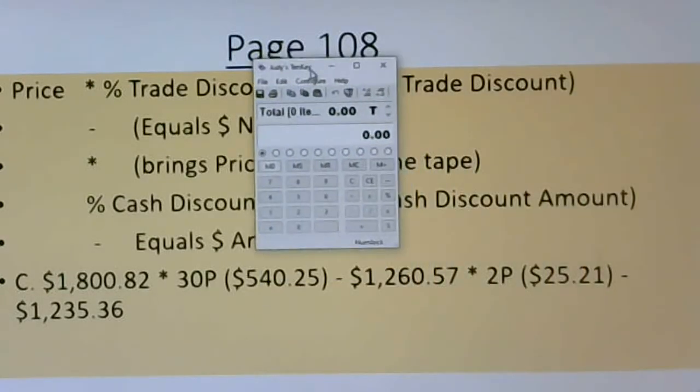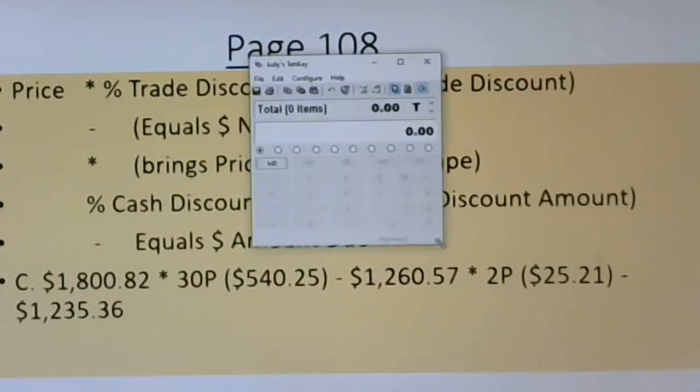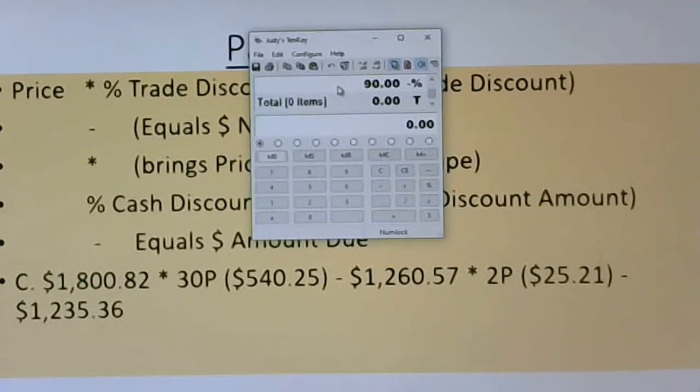So $1,800.82 times 30p, times 30%, the discount rate times the invoice amount gives you the discount amount. Subtract it by hitting the minus from the list price, and now you have the net price.